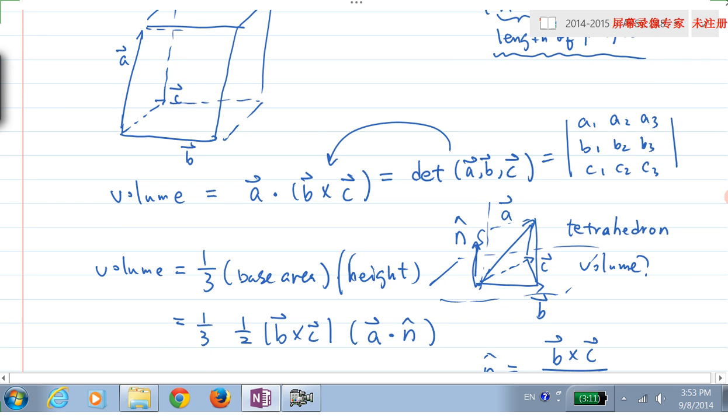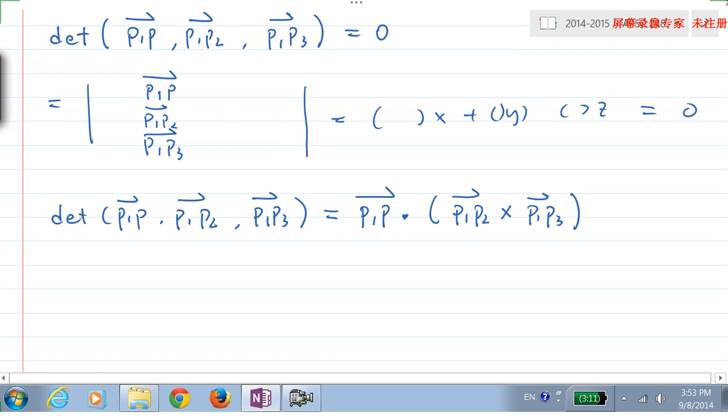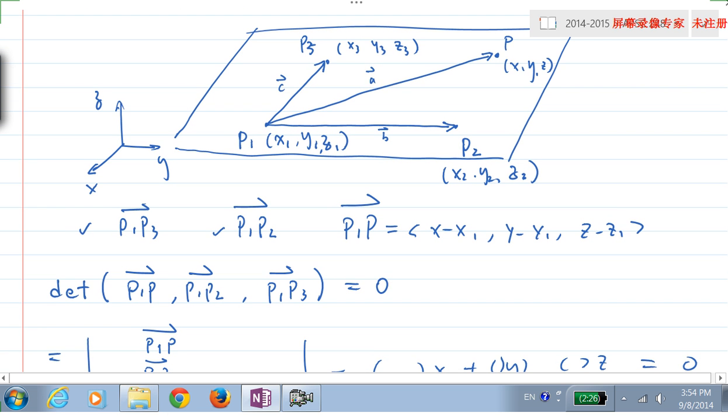Now if you look carefully at P1P2 cross P1P3, what does that give you? That gives you a vector, right? And the vector is perpendicular to which one?